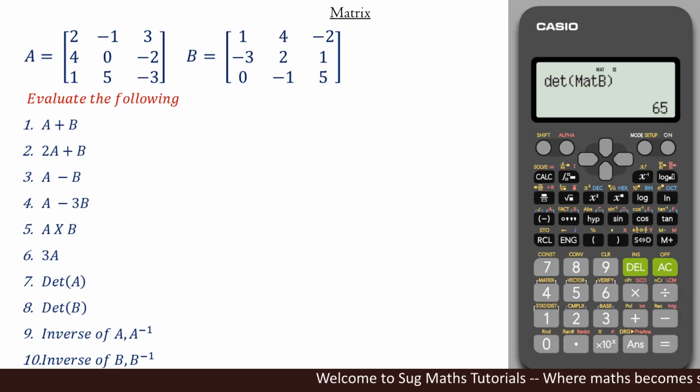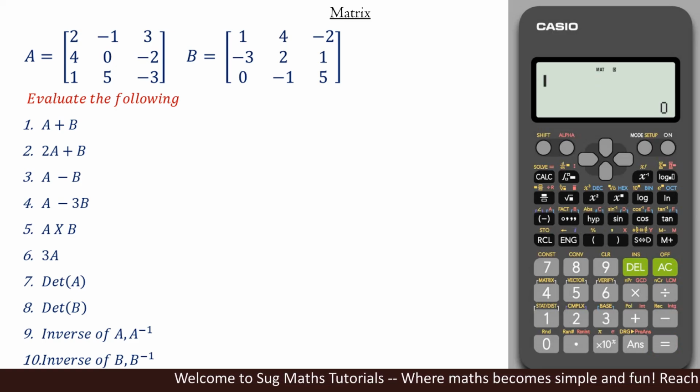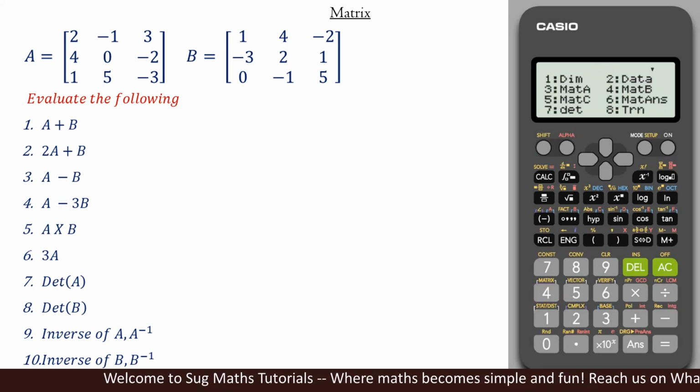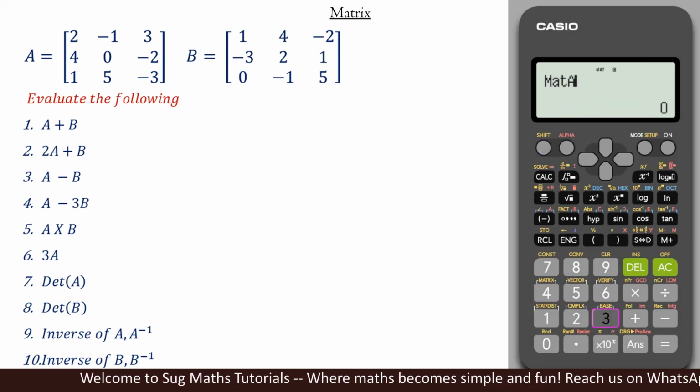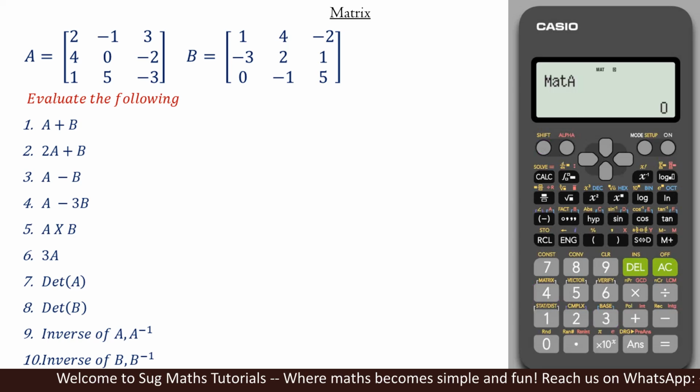Now let's go again. Let's see how we can find the inverse of a matrix. The inverse of a matrix. Now how can we do that? Now pay attention. Let's go. I want to find the inverse of matrix A. I'll first of all bring out the matrix A. Now here I have matrix A. Are we together?